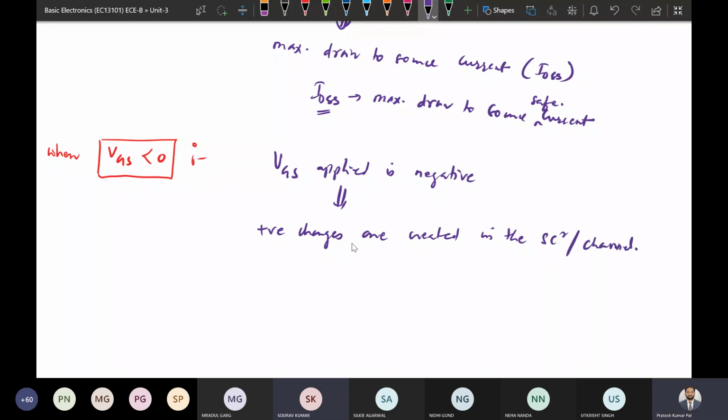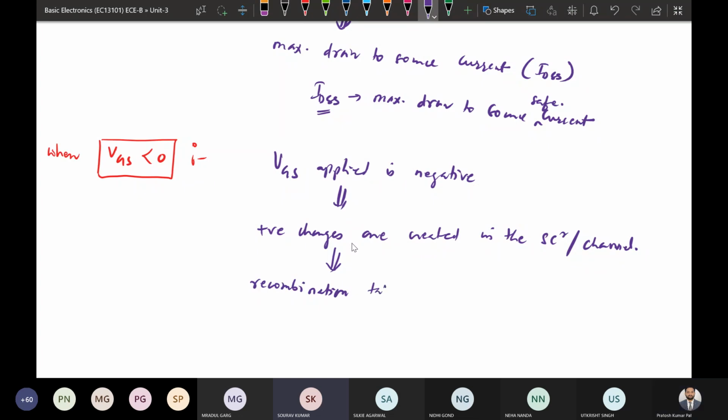As the channel already has electrons and some positive charges have been created, the positive charges and electrons will combine, so there will be electron-hole recombination.